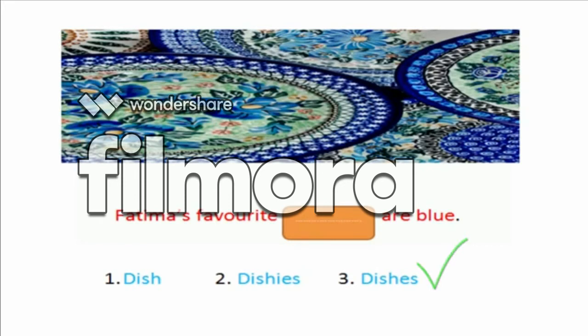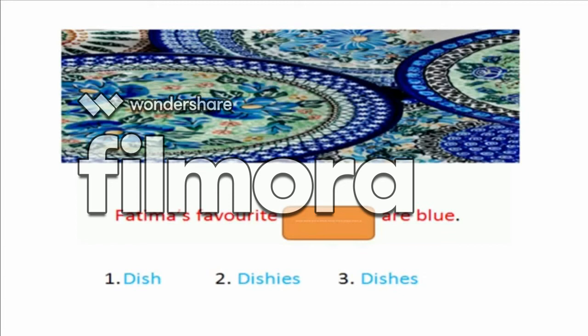Let us explain. Fatima's favorite are blue. Favorite المفضل. Blue اللون الأزرق. Dish الصحن، طبق. So we say Fatima's are. And notice here are is a plural, not is.